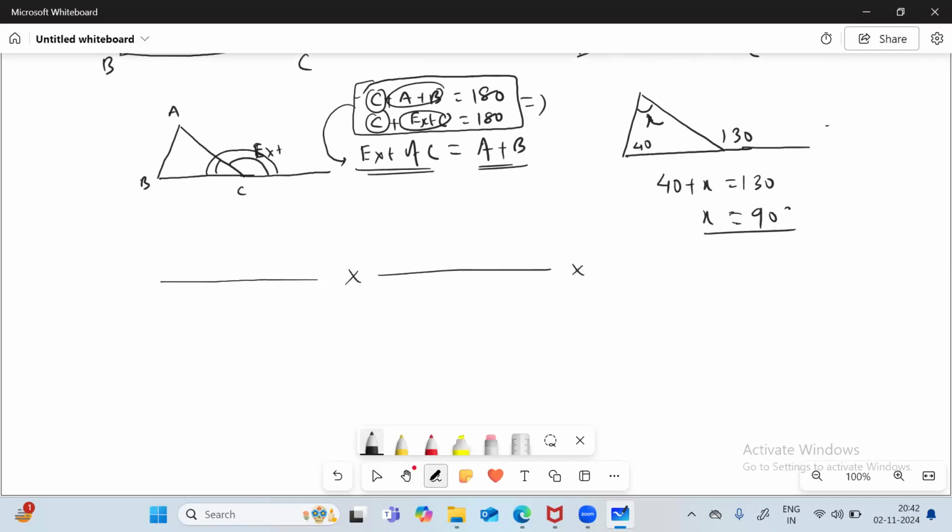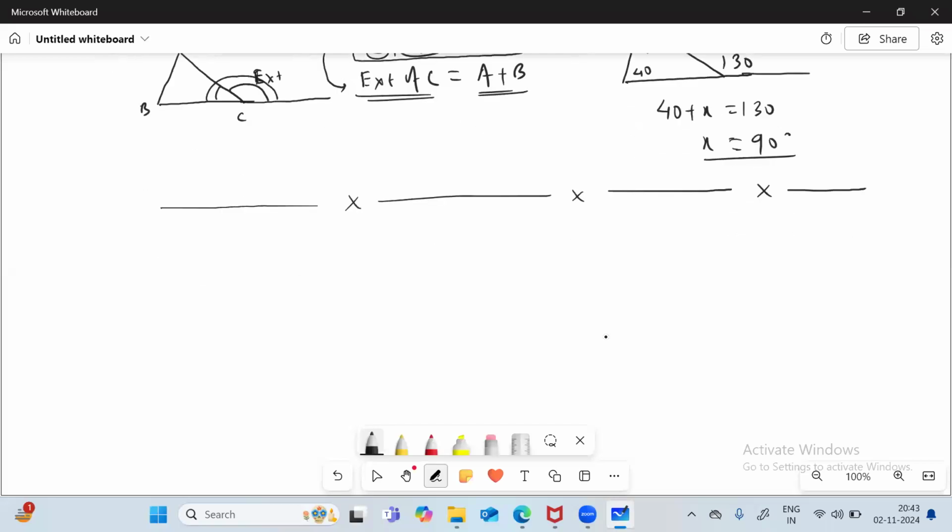Now, before going to talk about different types of triangles, let's talk a little about polygons also. So I was saying that when three different lines intersect at three different places, I'll get one triangle. And if there are four lines and they are intersecting at four different points, I'll get a quadrilateral.